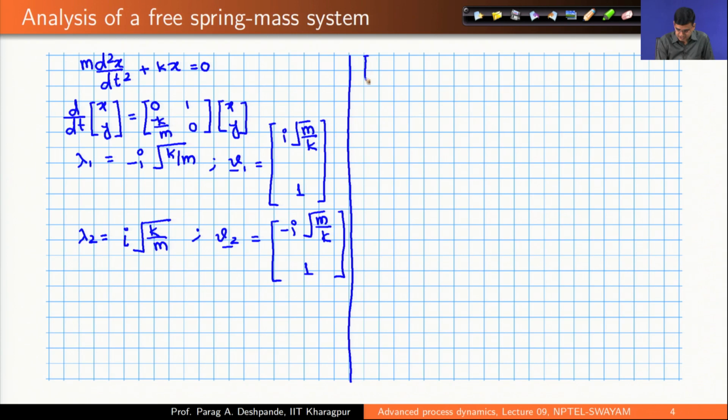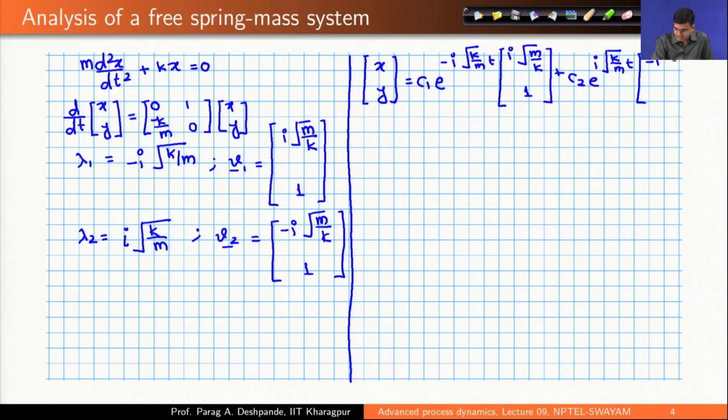From yesterday's lecture, we know that the solution would be C1 e to the power minus i root over k by m t multiplied by (i root over m by k, 1) plus C2 e to the power i root over k by m t multiplied by the corresponding eigenvector (minus i root over m by k, 1).